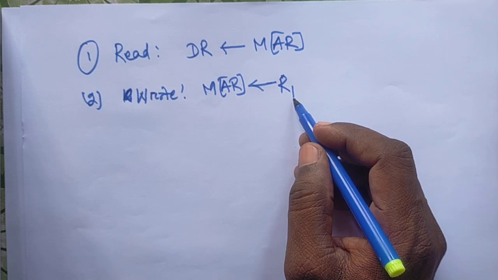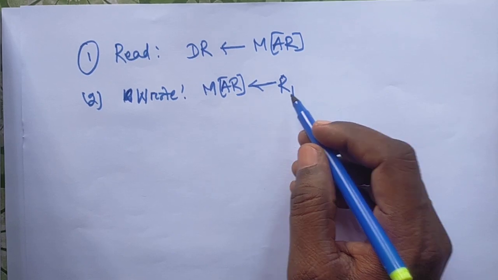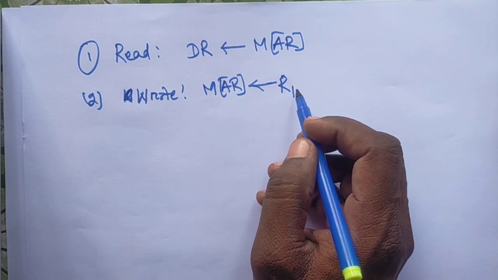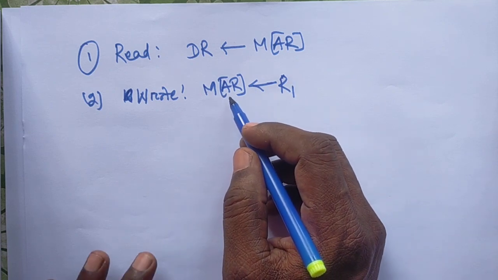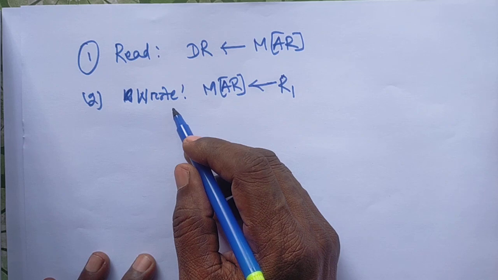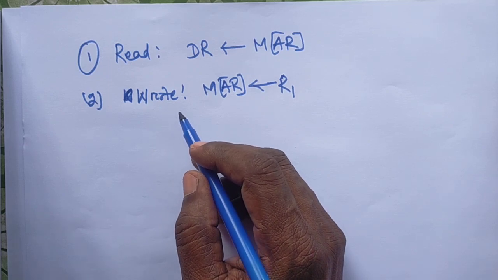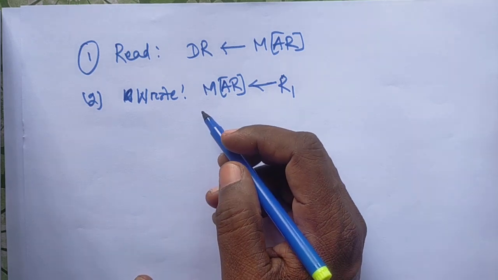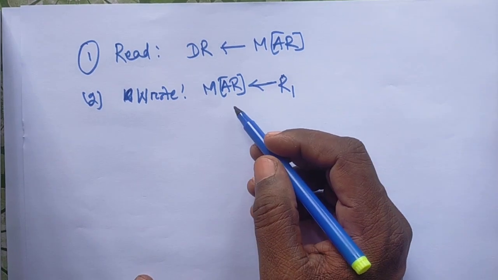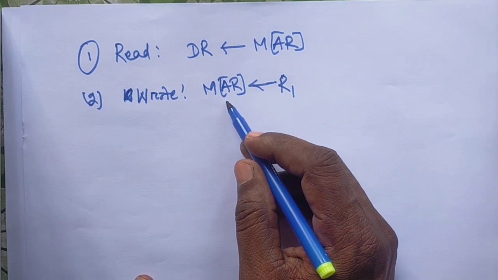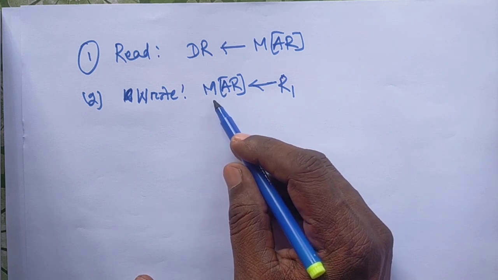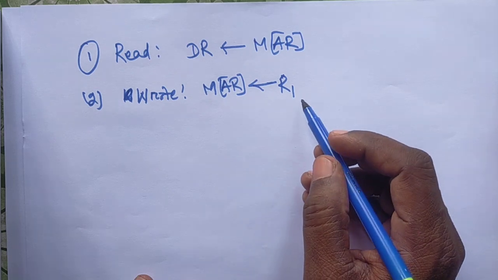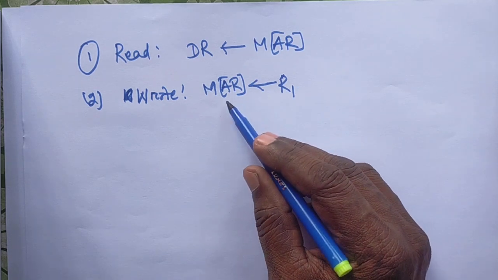The content of register 1 is transferred to memory. A write statement causes the transfer of information from register 1 into the memory, which is designated by M and selected by the address register. In this way, data is transferred from register to memory.